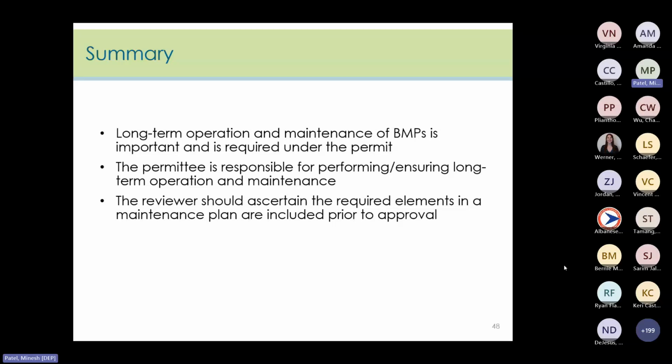The first step towards meeting this permit requirement is a thorough review of the maintenance plan submitted with a development or redevelopment application. We also reviewed the 3 key elements of the maintenance plan, which is information, planning, and education. And you've all seen where guidance and field manual templates may be found on our department website. So again, please use those as a reference if you need help and or need answers.